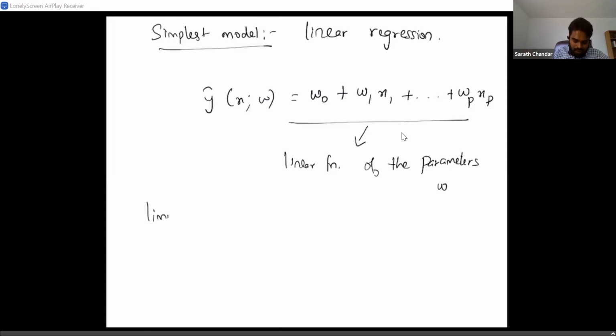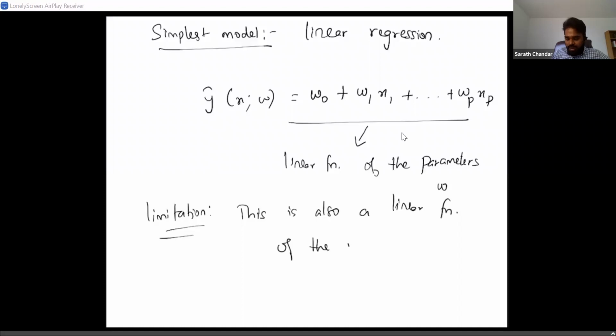Now, the limitation here is this function is also a linear function of the input variables x1 to xp. While this is a linear function of w, which we found to be a very useful thing, because when it is a linear function of w, we can derive closed form solutions easily and implement the closed form solution.